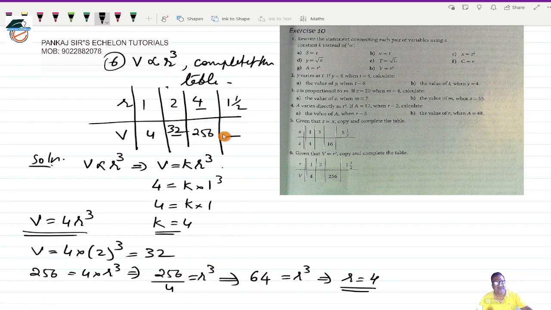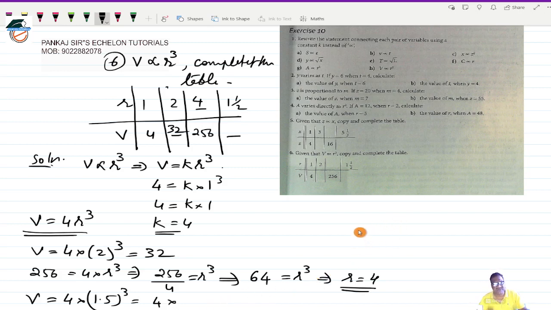Now the third one is, for R equal to 1.5, what should be V? V should be equal to 4 times 1.5 cube. Now 1.5 into 1.5 into 1.5 should be how much?